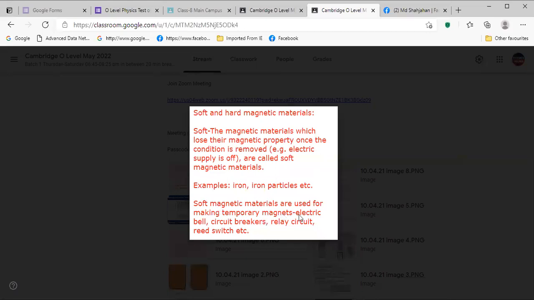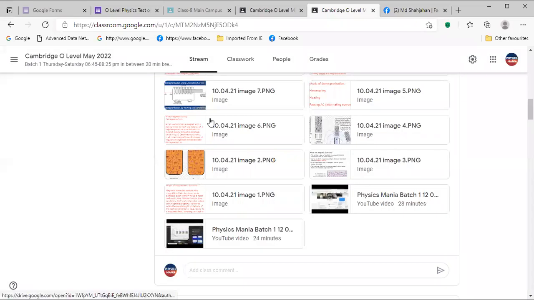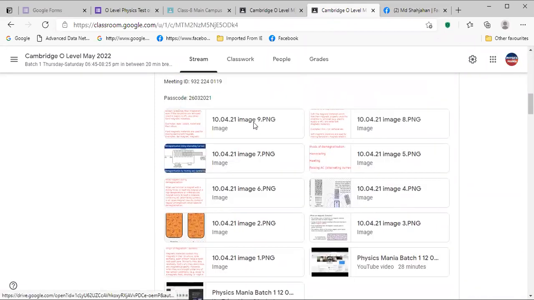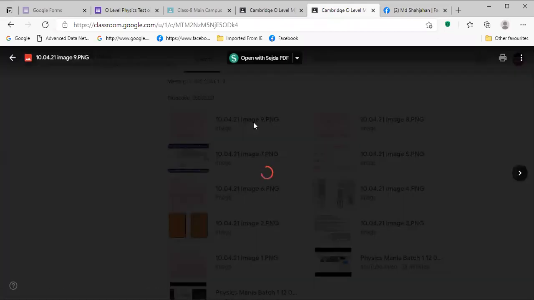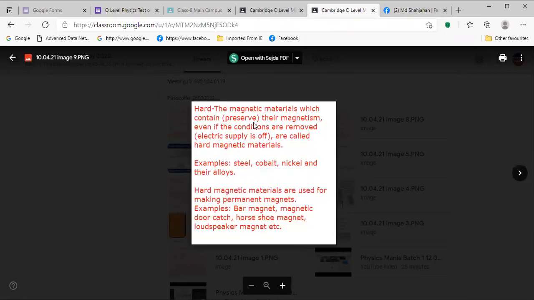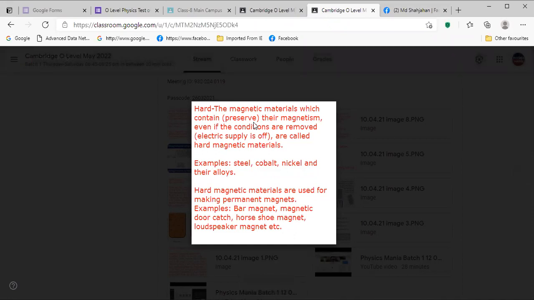Temporary magnet examples: electric bells, circuit breakers, relay circuit, reed switch. Then we have finally hard magnetic materials. Hard magnetic materials are used for making permanent magnets.